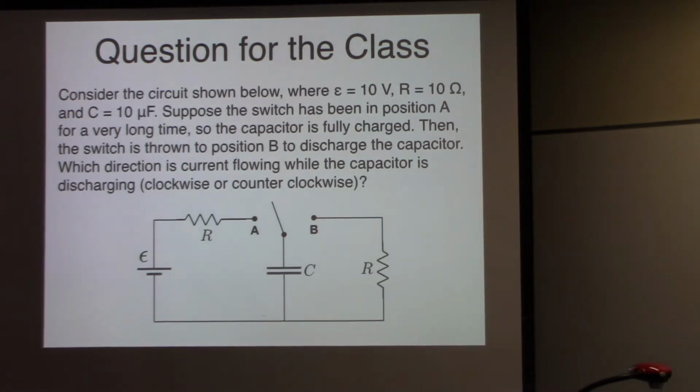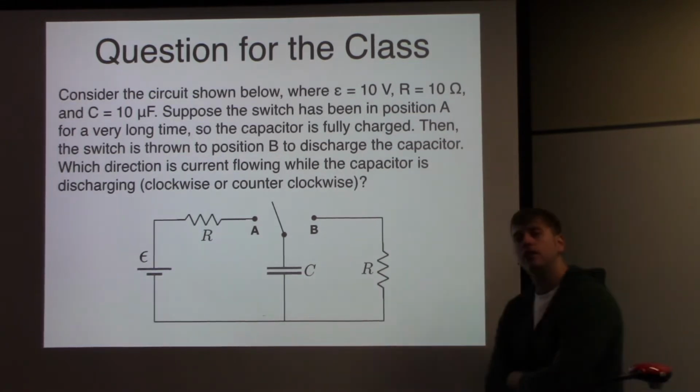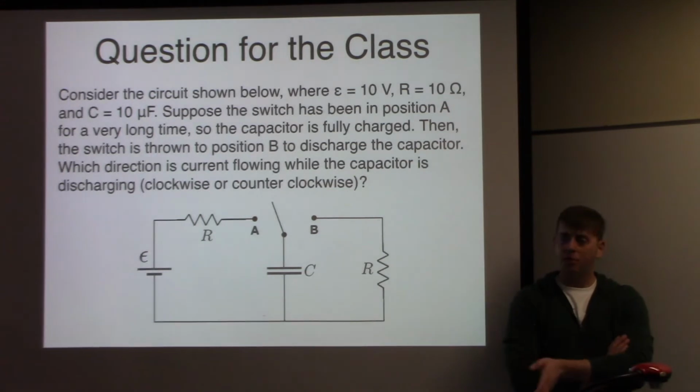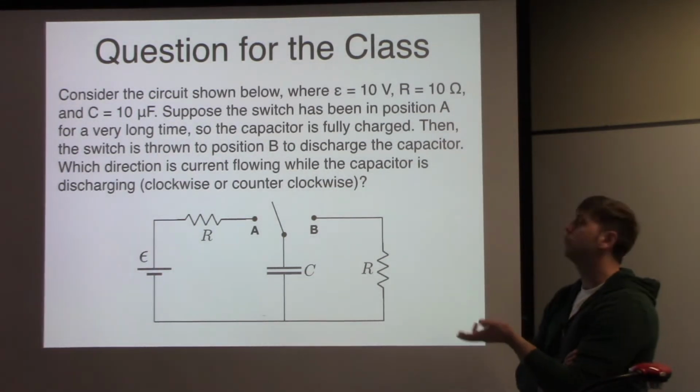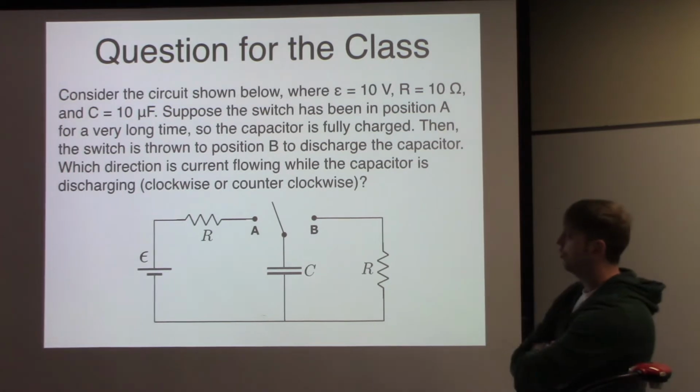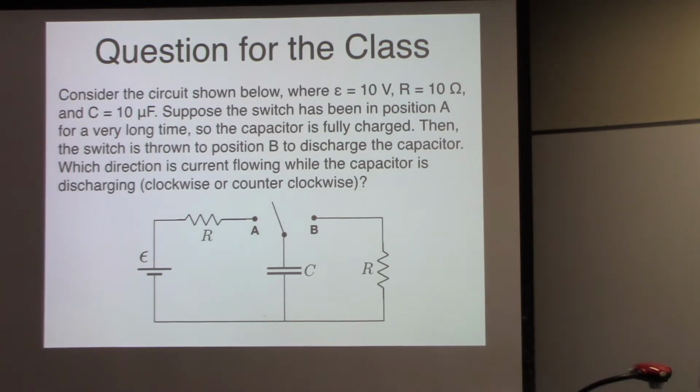So the question here is, which direction is current flowing while the capacitor is discharging? Is it flowing clockwise or counterclockwise? So I just want to remind you, when we talk about current, we're always talking about conventional current, which means we're assuming positive charge is what's moving around in the circuit.